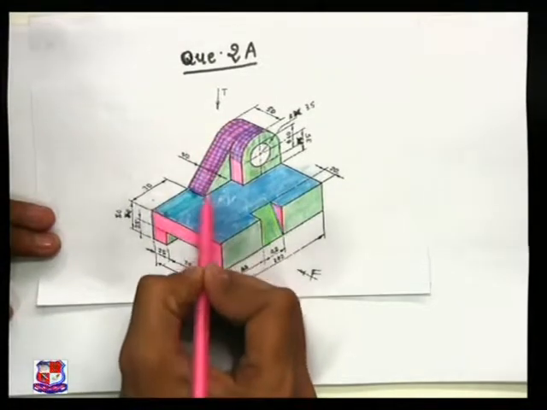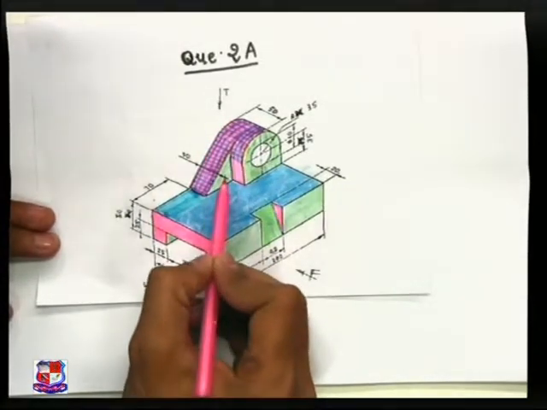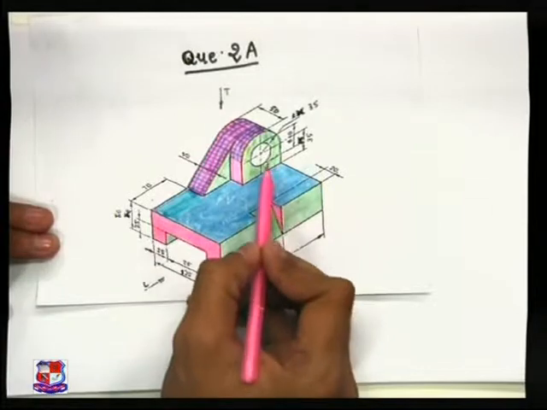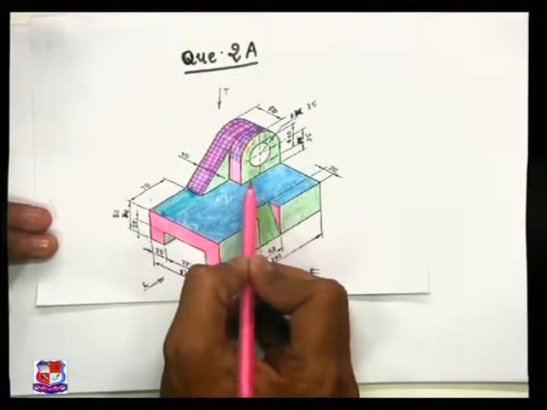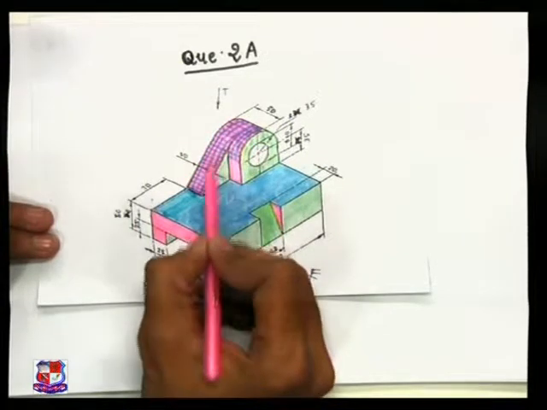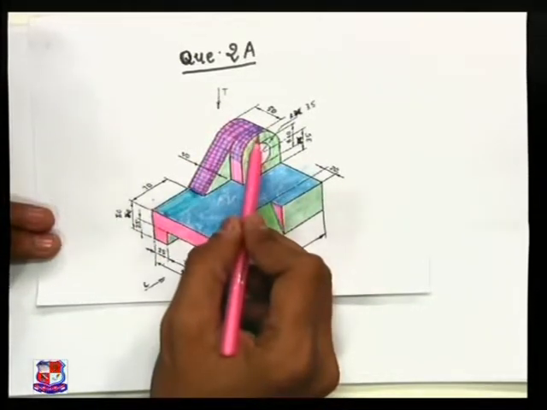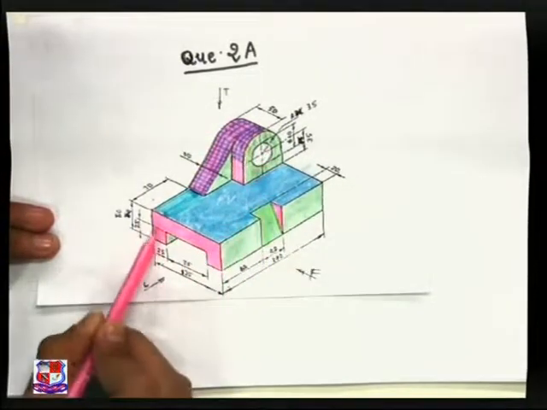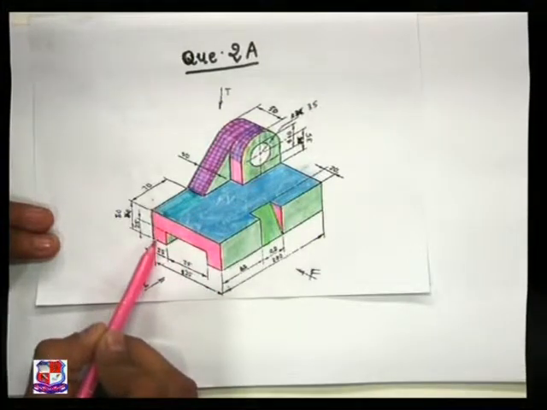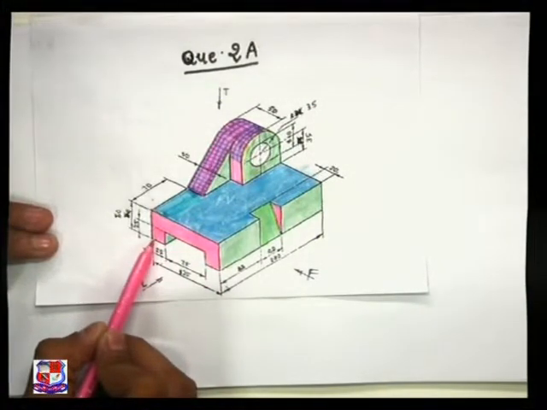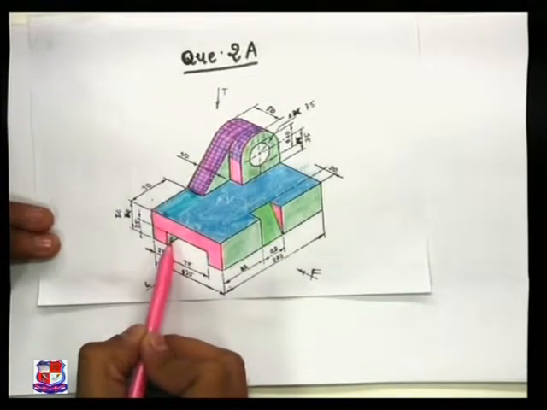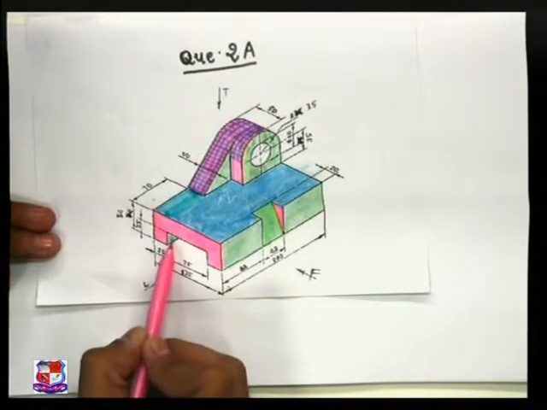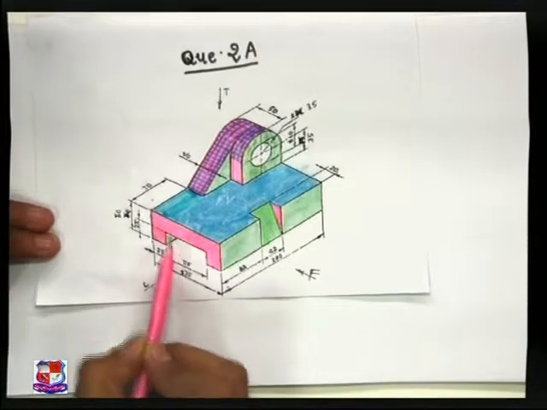Similarly, this right angle triangle would be visible in the front view, and this circular shape would also be visible. This plane, which is curved by nature, would not appear in the front view. Similarly, this pink colored portion will also not appear. And in the front view, this green portion will not appear directly, but it comes over here, so that could be represented by dotted lines.